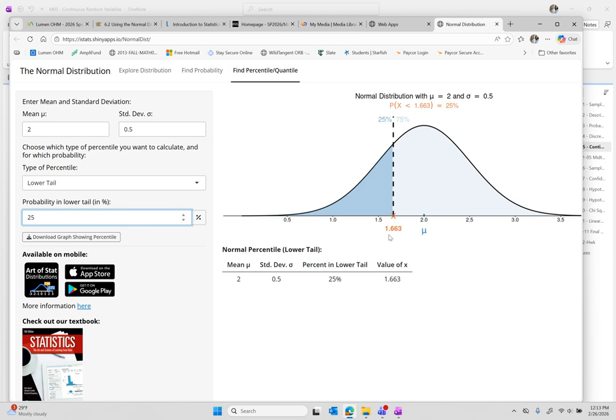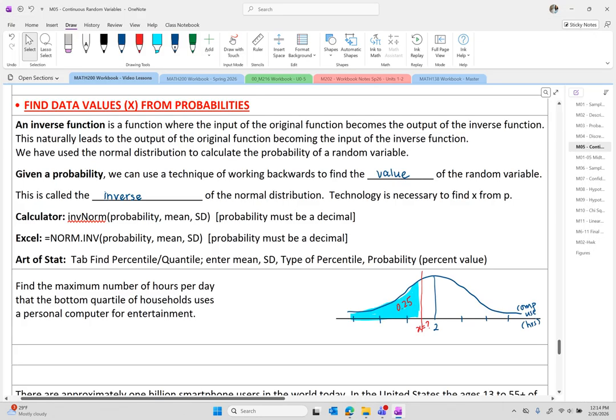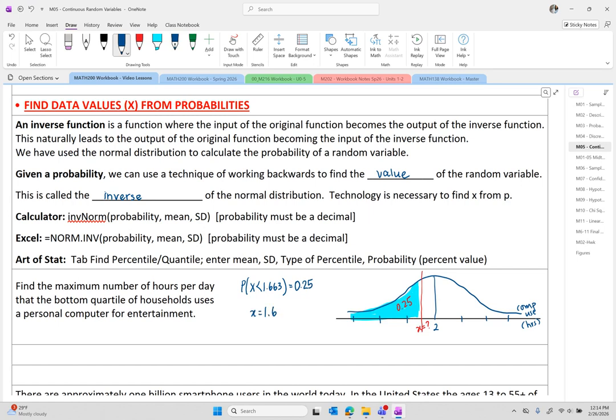So the value is 1.663, and the expression is that the probability of X being less than 1.663 is 25%. So here I'm going to write my expression, probability X is less than 1.663 will be 0.25, and then my value X will be 1.663 hours of use of a computer for entertainment.